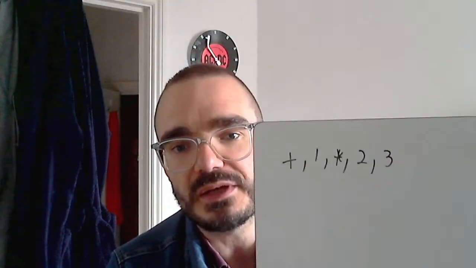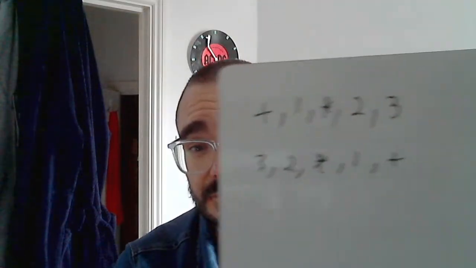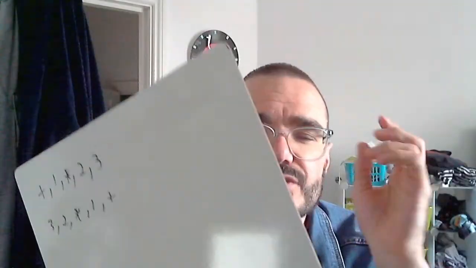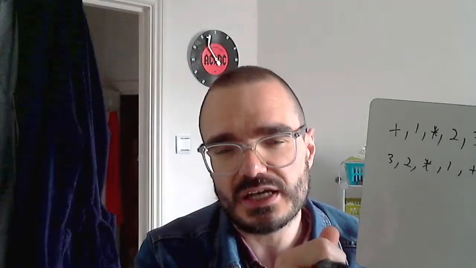But to convert it, what we want to do is flip it, reverse the list. So it becomes 3, 2, star, 1, plus, like this. My handwriting is terrible, that's why I use computers. So I told my year 2 teacher when they were teaching me to write. Once I've got this, you can iterate over it, and the rule is, if it's an operator, you plonk it onto a stack.